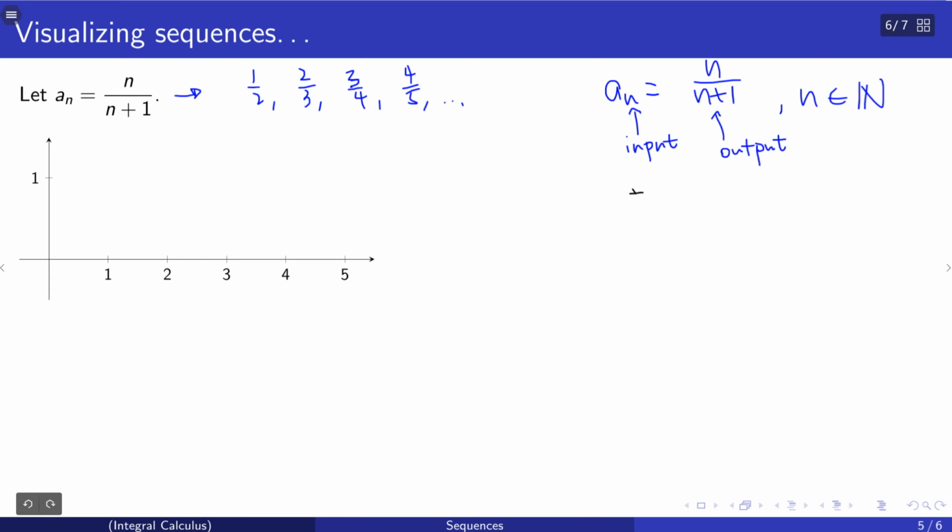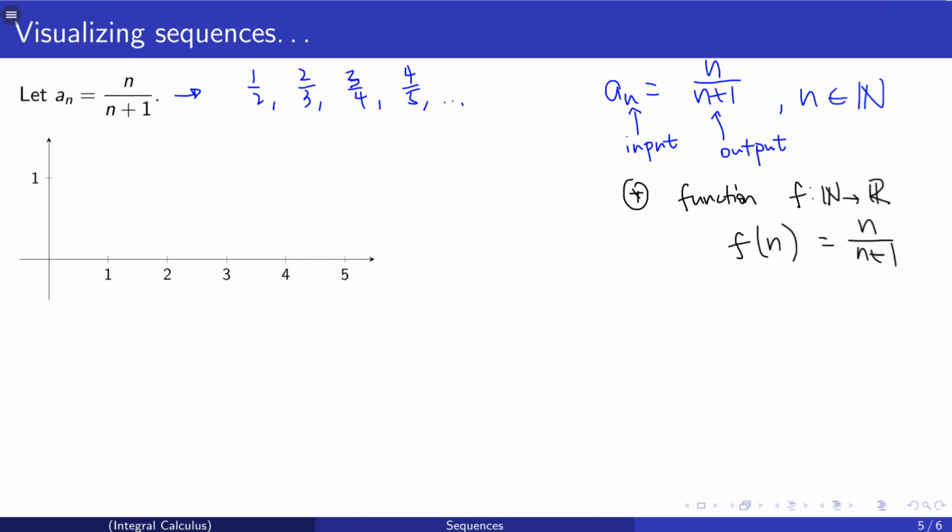So another way to think about sequences is as a function from the naturals to the reals, where f evaluated at n gives you, in this case, n over n plus 1.